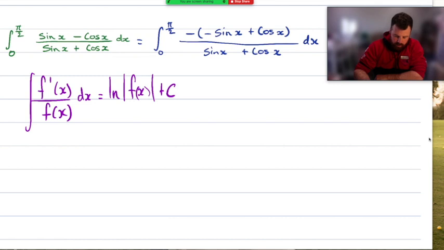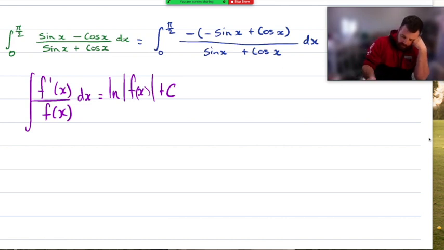Factorizing out this negative has really helped clearly identify that the derivative of the denominator is sitting there in the numerator. And just quickly as well, unlike the last question, because these are just x, the derivative just stays as cos of x and negative sine of x.